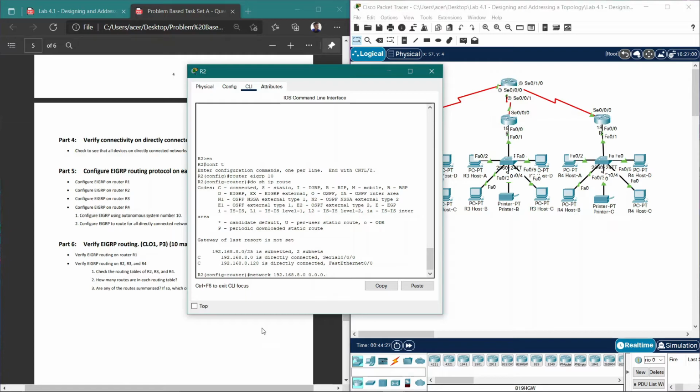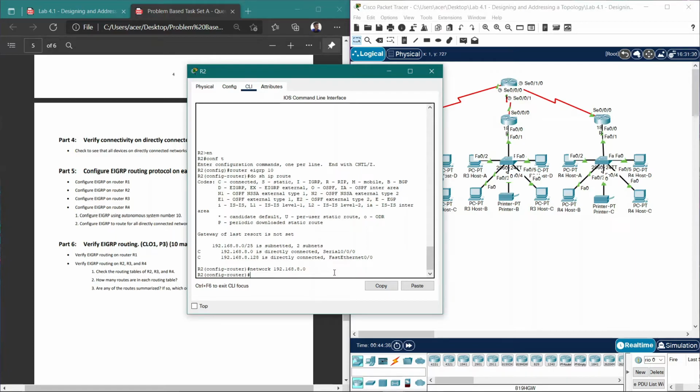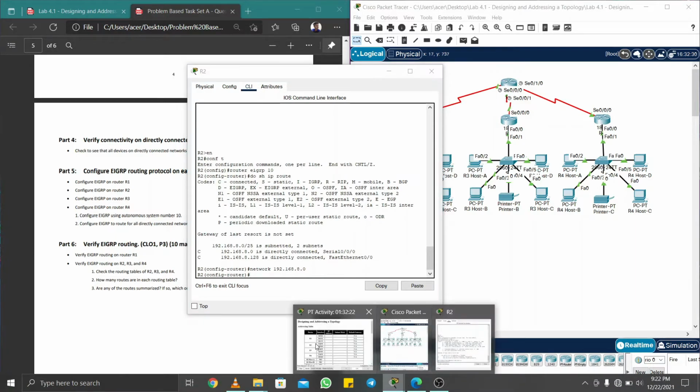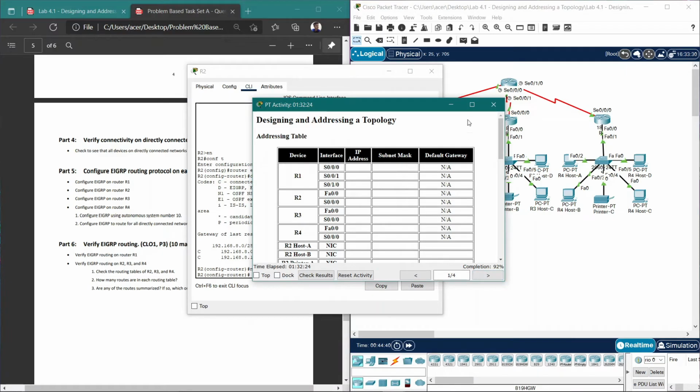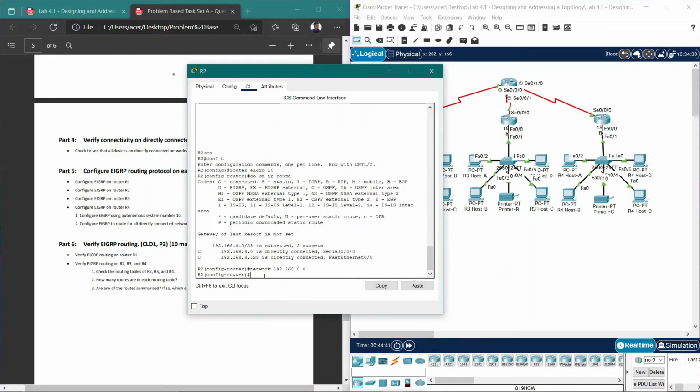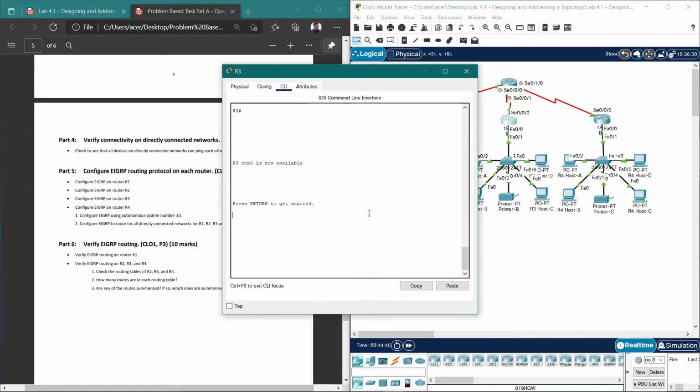And the wildcard, okay, I guess we don't need the wildcard mask for now. So that's the configuration for R2.